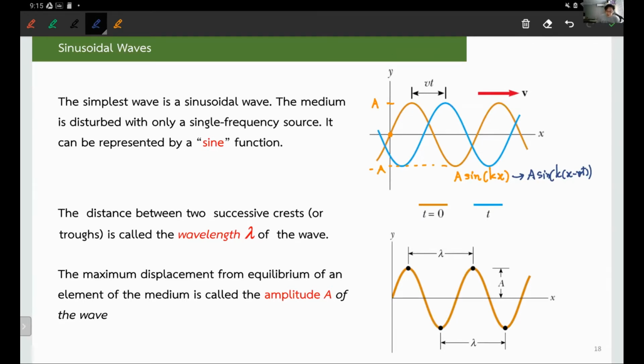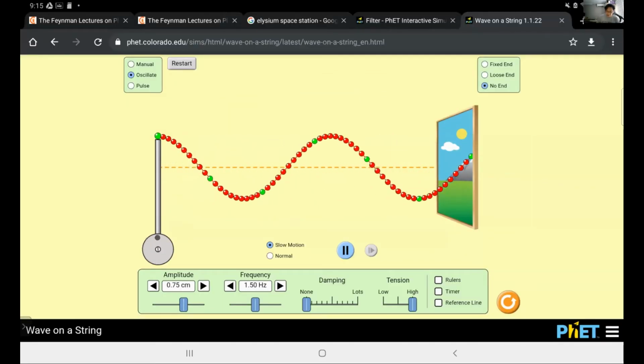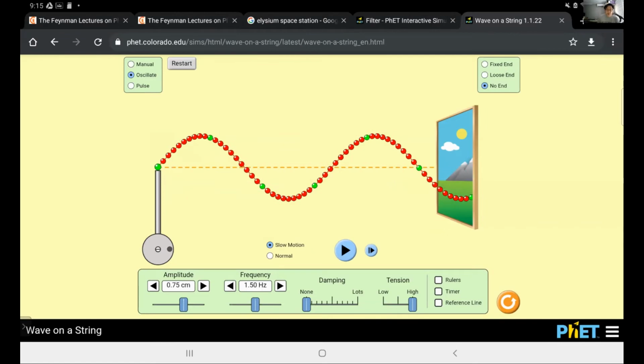All right, I hope it works. Let me show you by going back to this simulation one more time. I'm going to freeze it here. Okay, that is a sinusoidal wave. Looks nice.